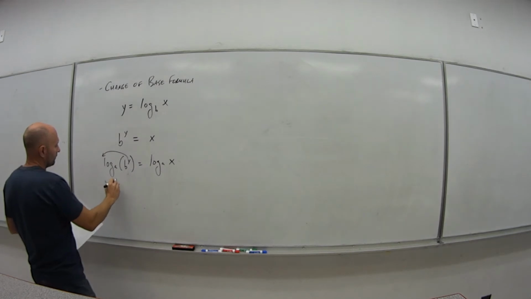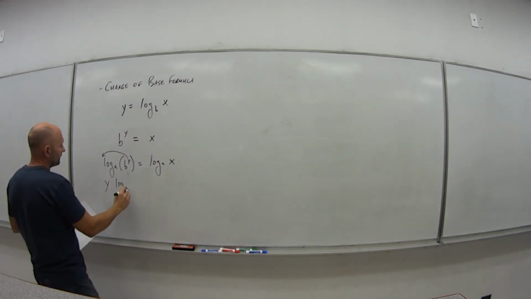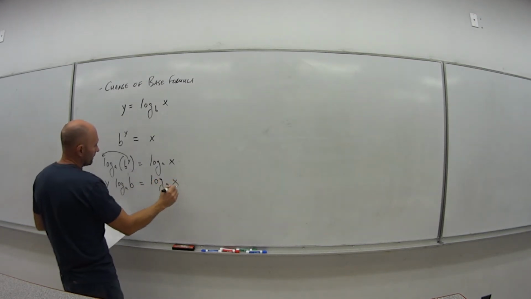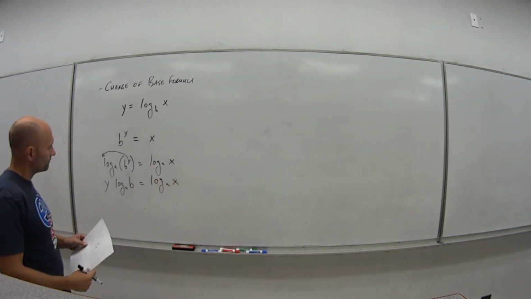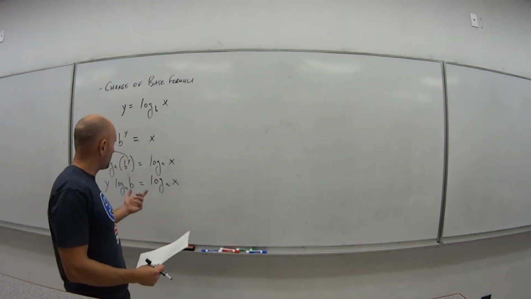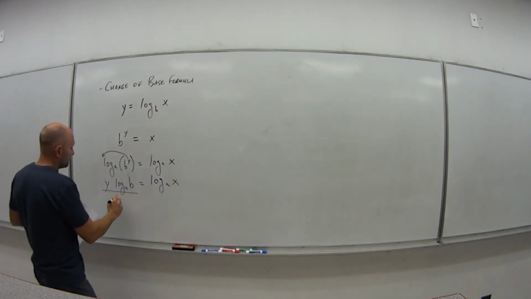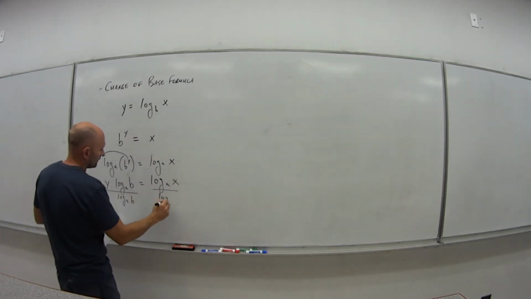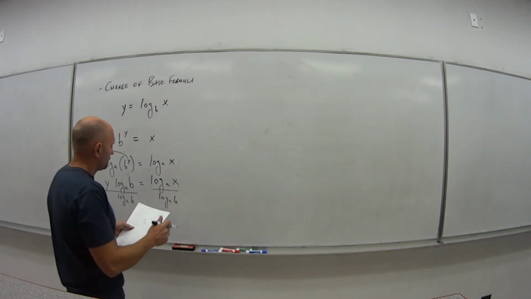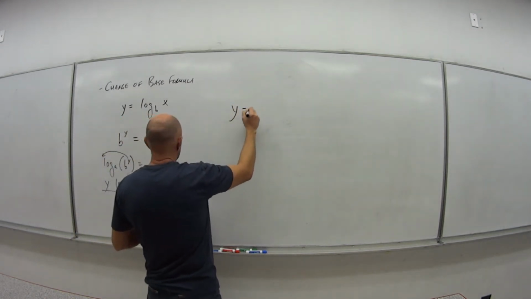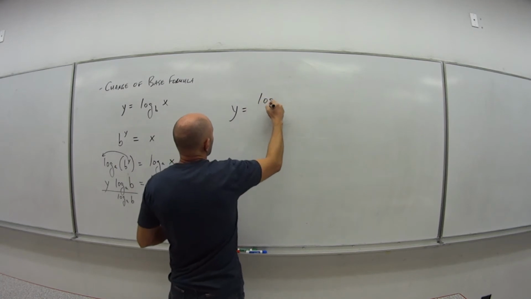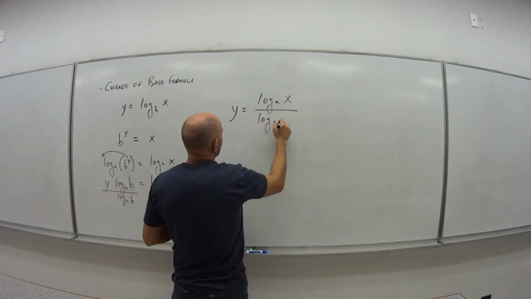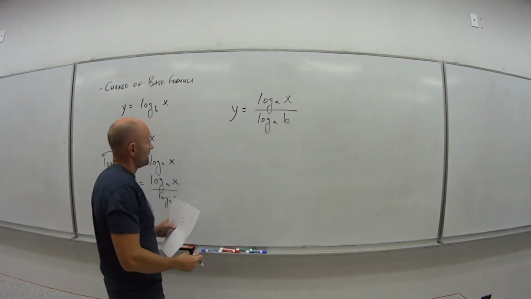So the left side becomes y log base a of b is equal to log base a of x. And now, if I want to get y by itself, I divide both sides by log base a of b. So this gives me that y is equal to log base a of x over log base a of b.